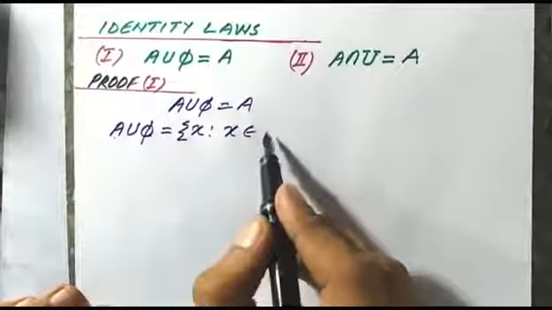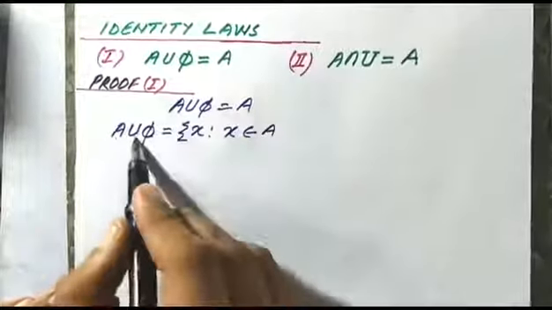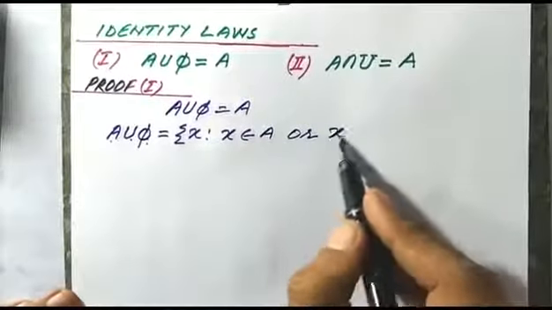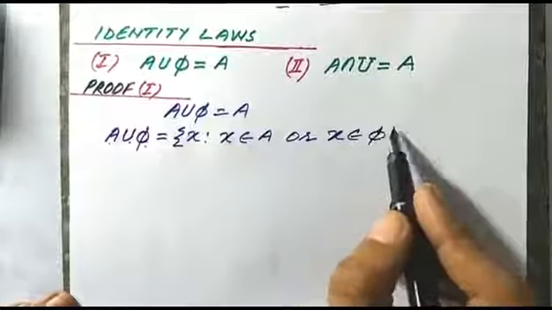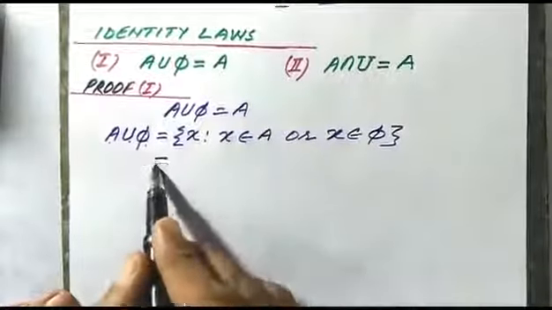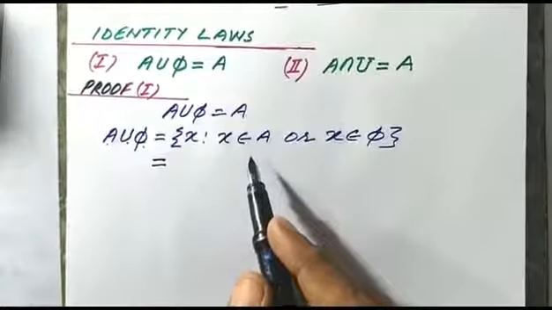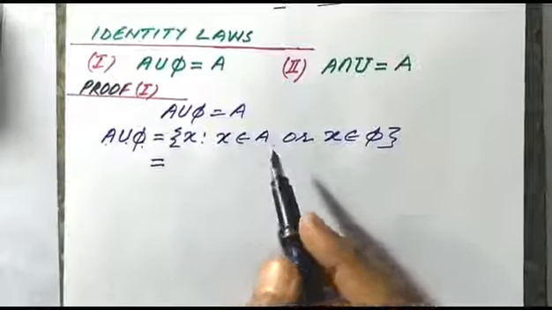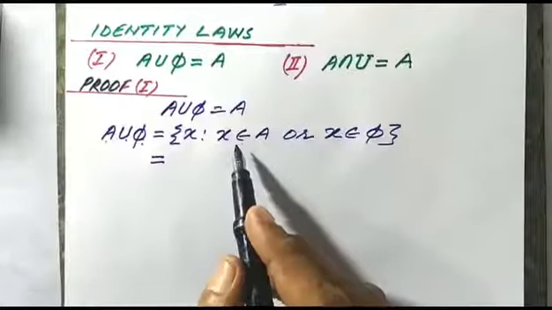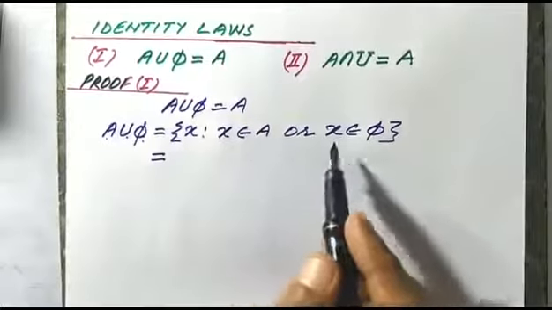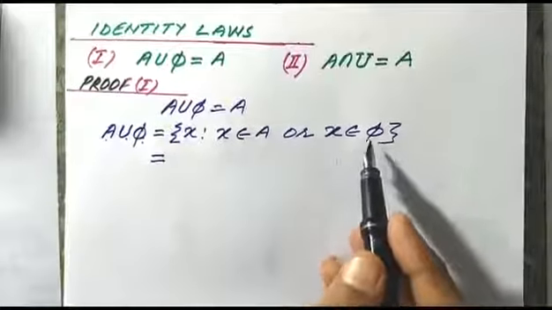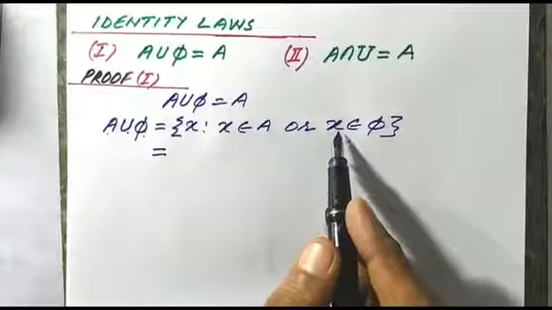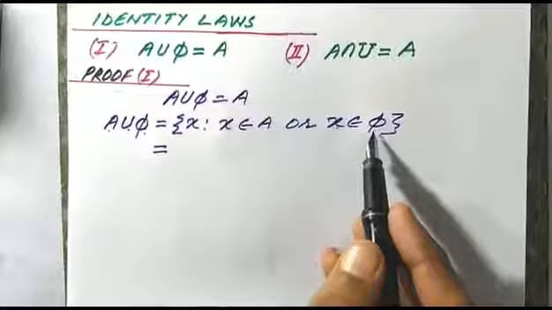So we may write X belongs to A, for union, or X belongs to phi. And if we observe this statement attentively, X belongs to A or X belongs to phi, and as you know, phi is a null set which has no element. So X may not belong to phi.